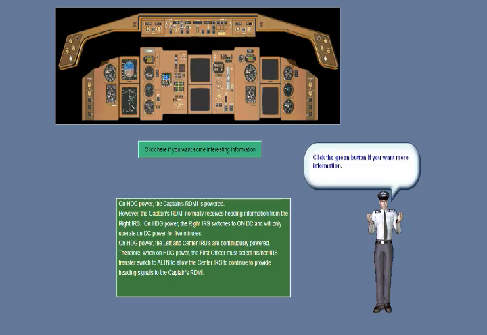Conversely, with external power on the AC buses when the engines are started, the starting engine's generator automatically replaces external power on its AC bus.